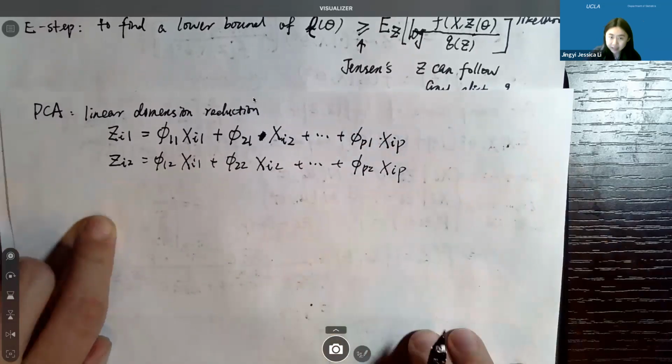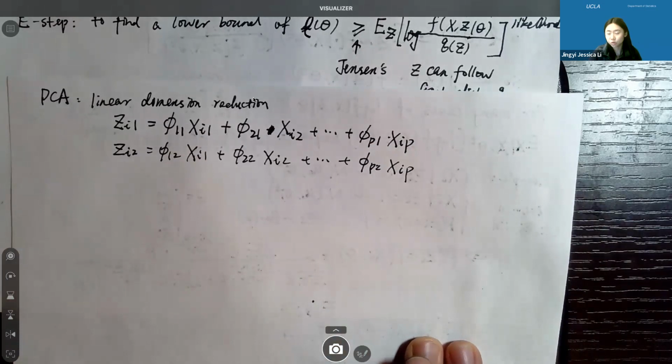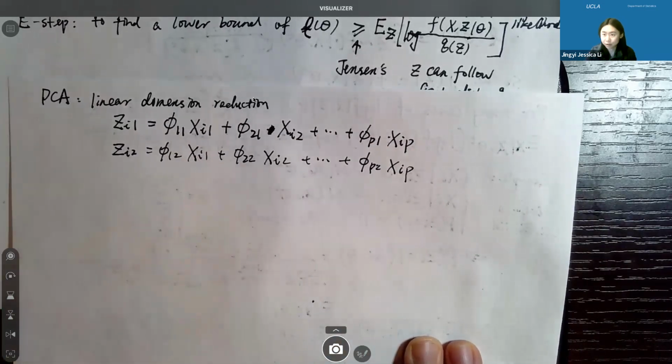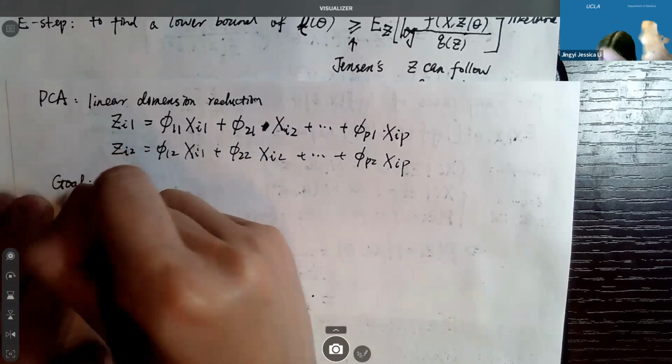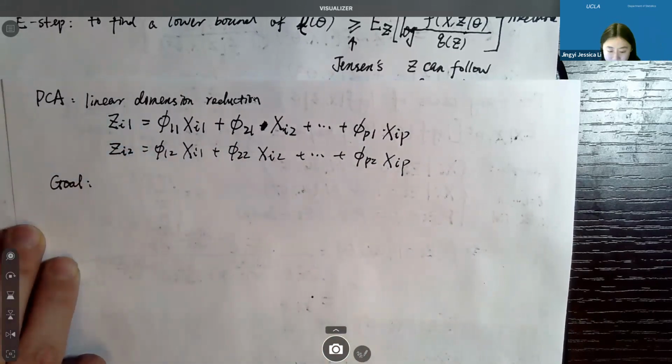So the second index always indicates the new dimension, while the first index in phi is about the old dimension. Okay. And our goal is to make sure that the new dimension 1 has the maximized variance.